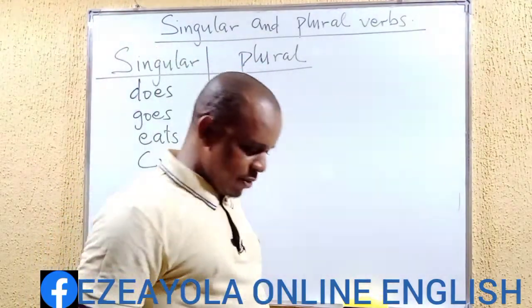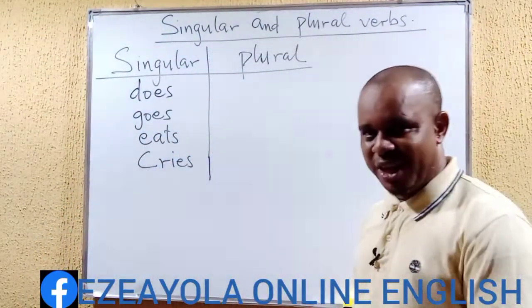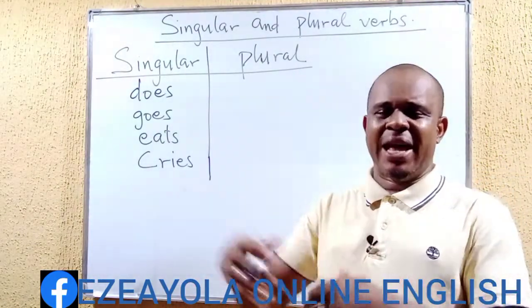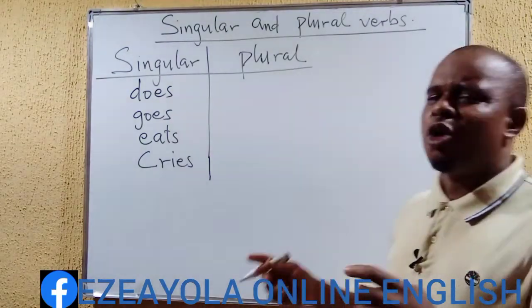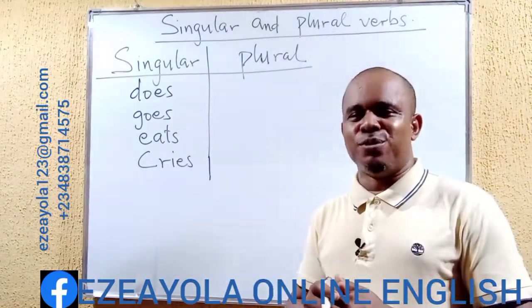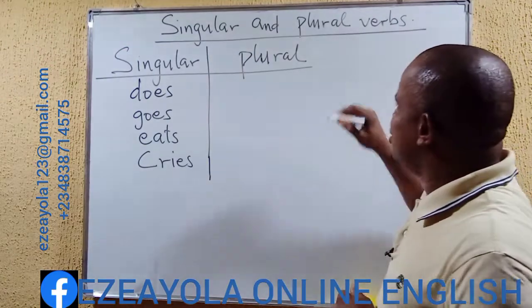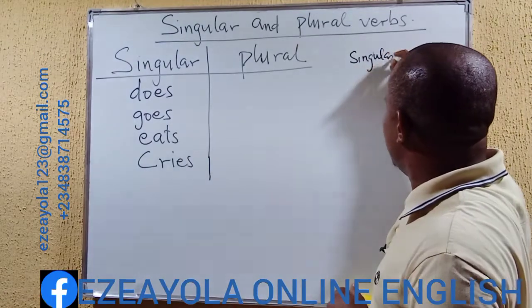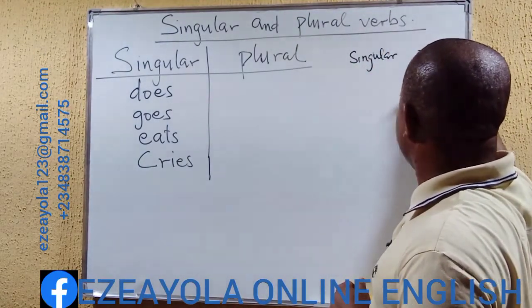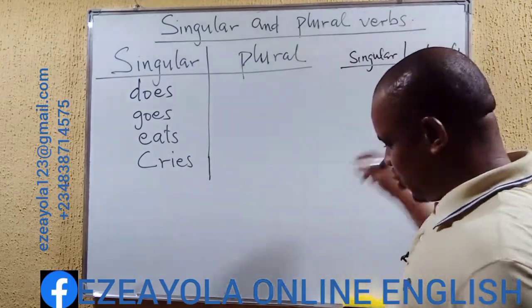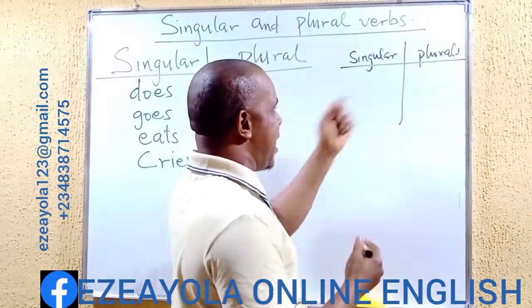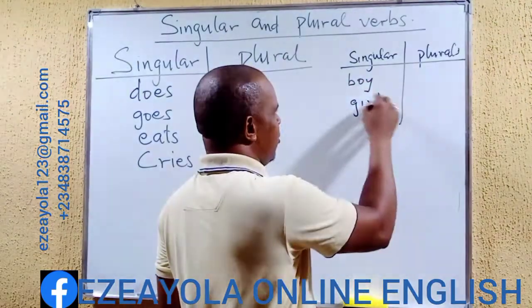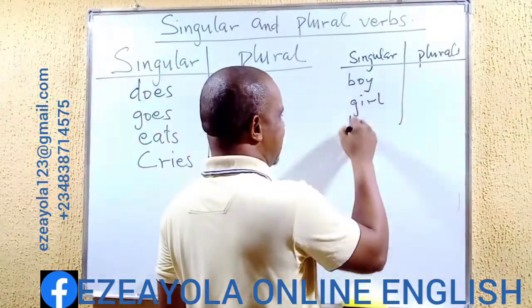Normally in nouns, those days in our little level in education, when we were still at the kindergarten, we were taught singular and plural forms of the nouns. If we have singular here and plural here, then we are given assignments such as boy, girl, and then maybe table.